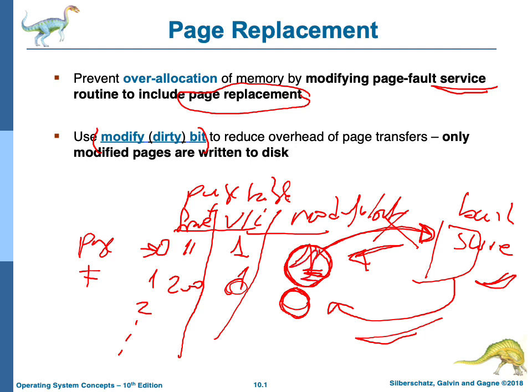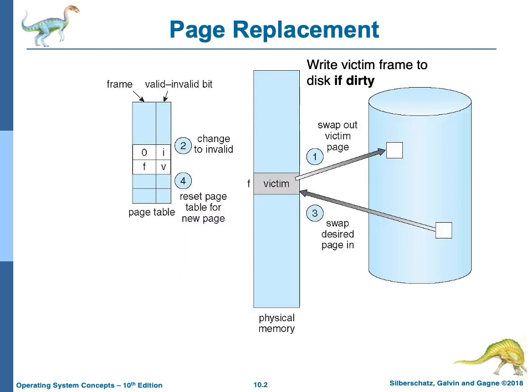Okay, so now how can we do page replacement? There are many algorithms that we will discover today. Right, so this figure shows the concept that we just talked about visually. So we said the dirty bit, we only write a victim page back to disk if it's already dirty or has been modified.